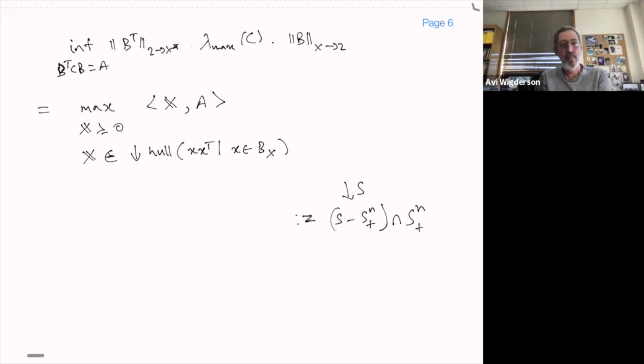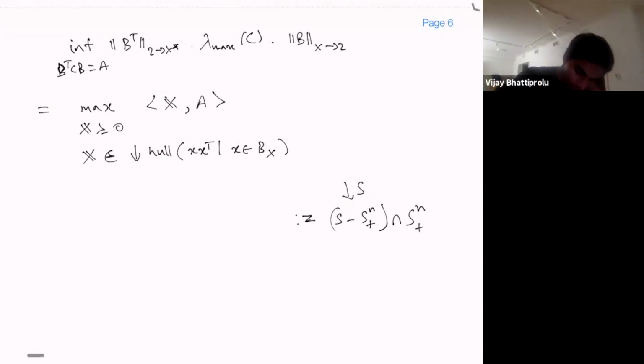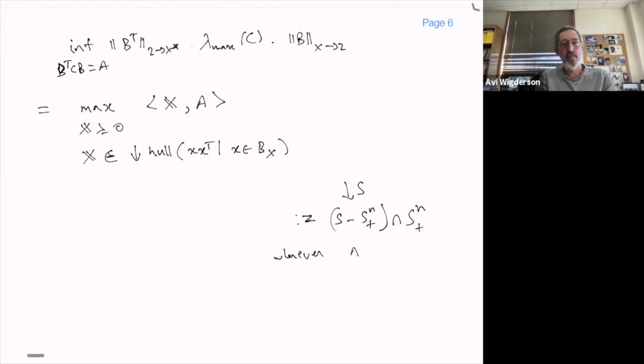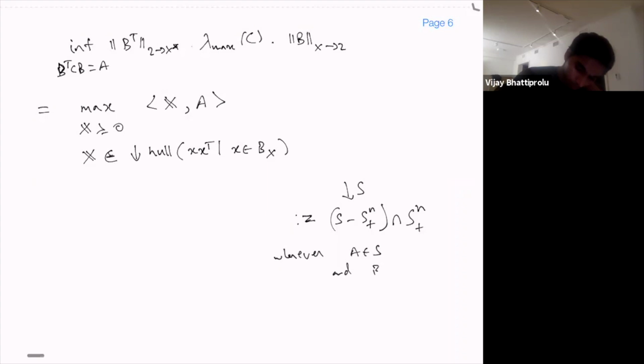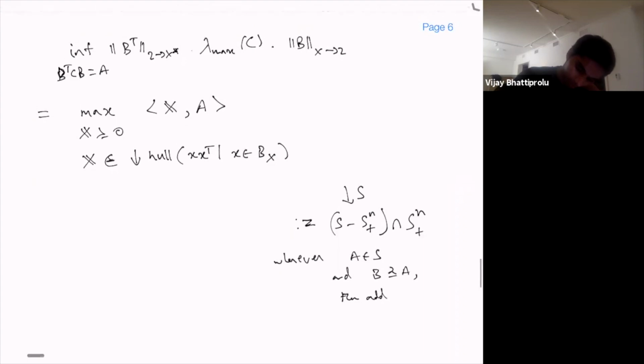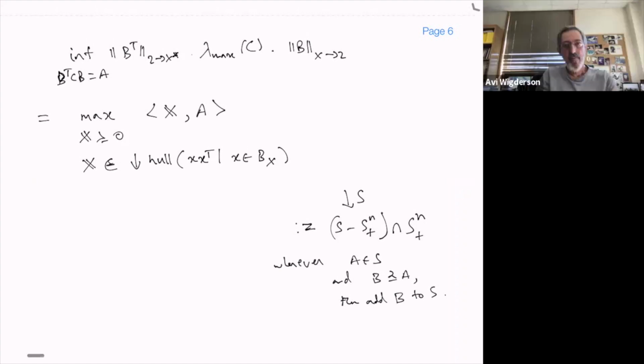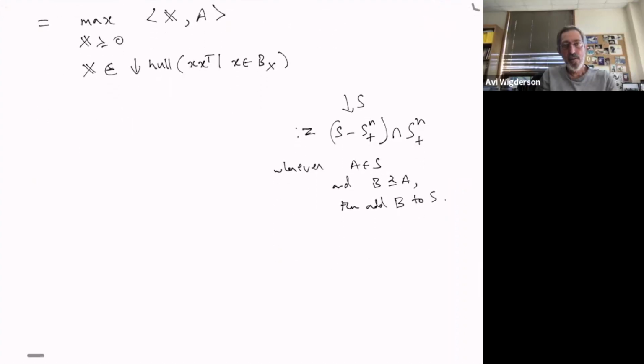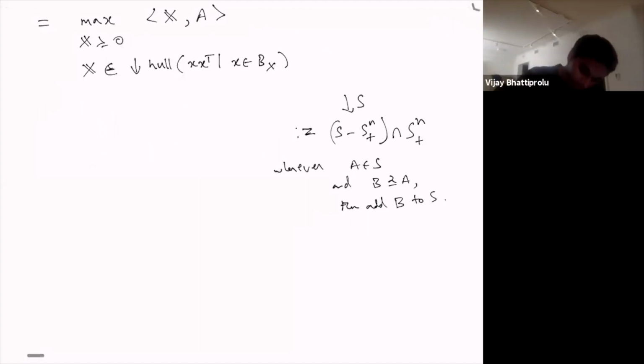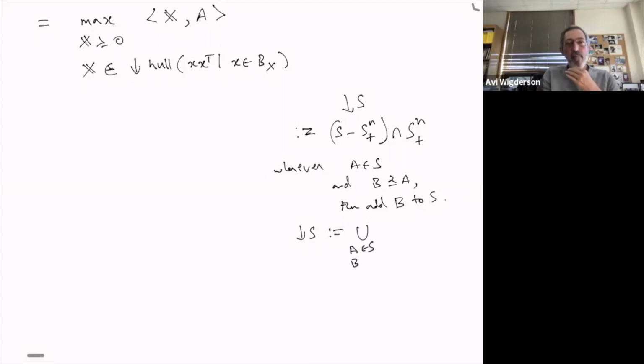That is, whenever A belongs to S and B is dominated by A, then add B to S. This is the downward closure of S. It can alternatively be written as the union over all A in S of the set of B at most A.